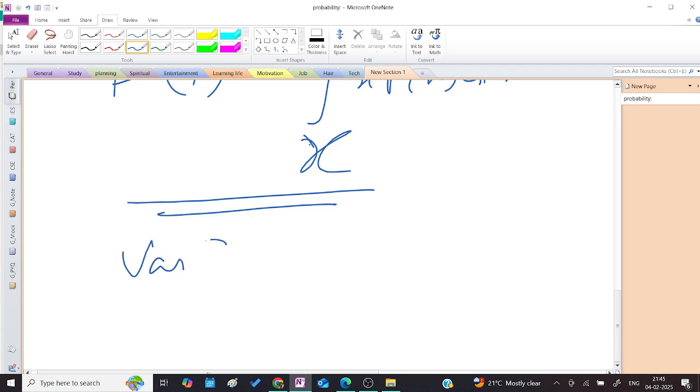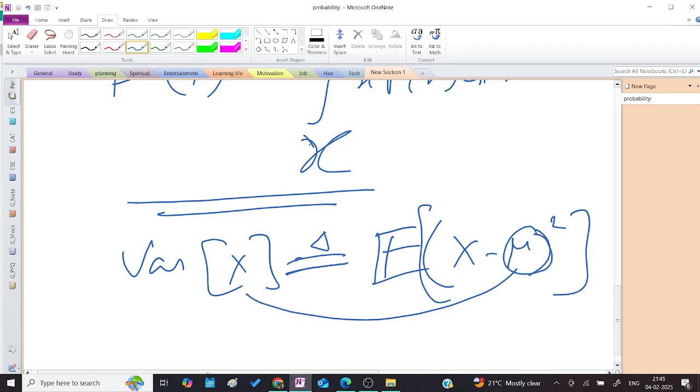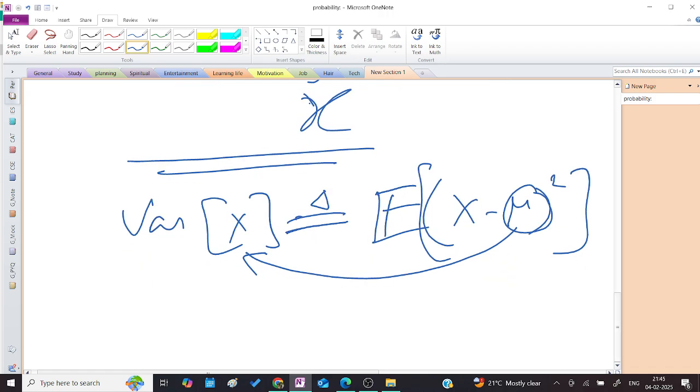and variance of x, which is given by the formula expectation of (x minus mu) whole square. Okay, what is mu? Mu is the mean of a random variable x.